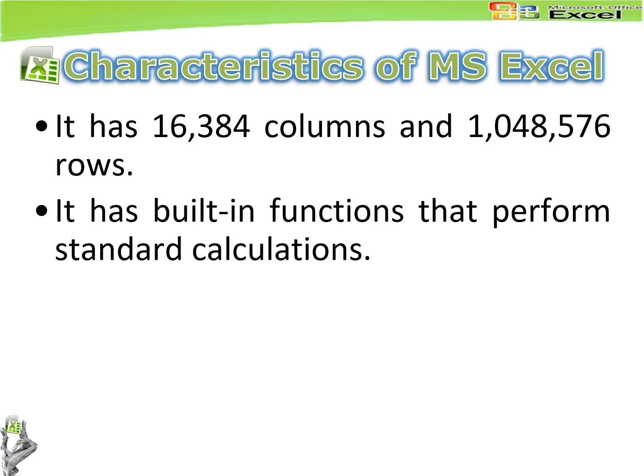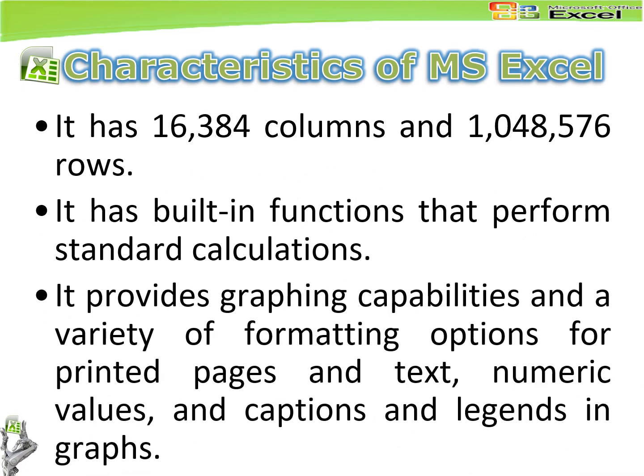It has also built-in functions that perform standard calculations, meaning to say it's pre-templated formulas that we can use to calculate or compute from common to complex calculations. And it provides also graphic capabilities and a variety of formatting options for printed pages and text, numeric values and captions and legends and graphs.